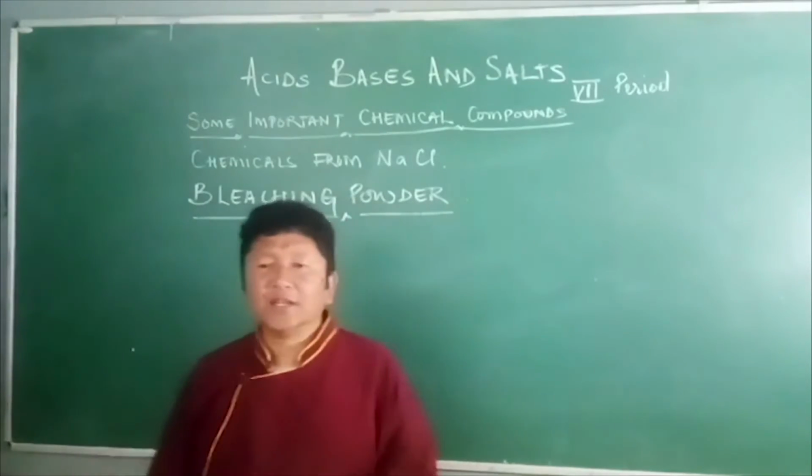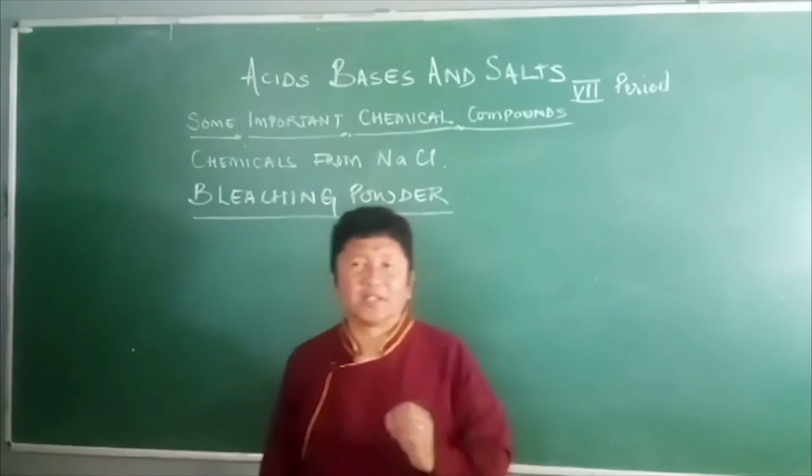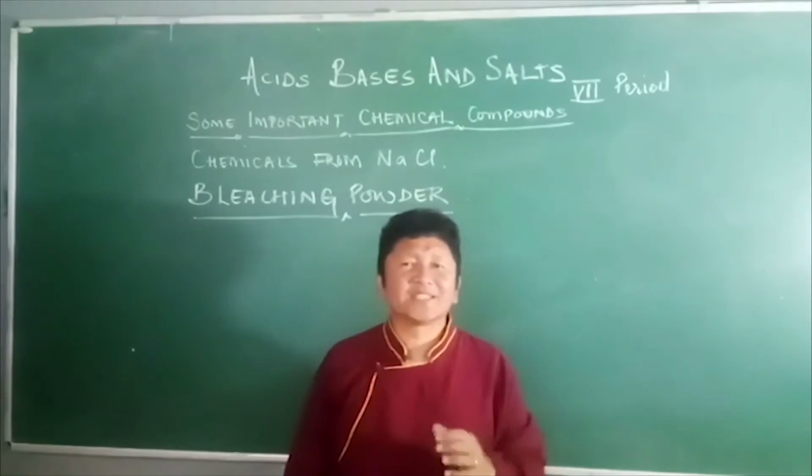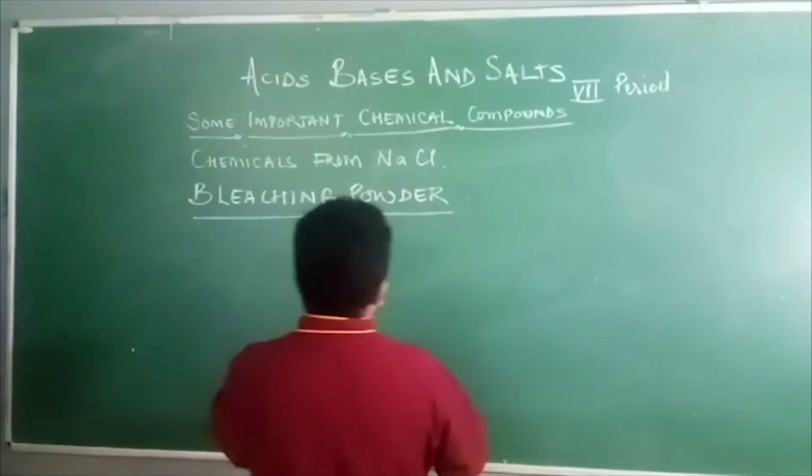The next important compound is bleaching powder. Bleaching powder is chemically known as calcium oxychloride.